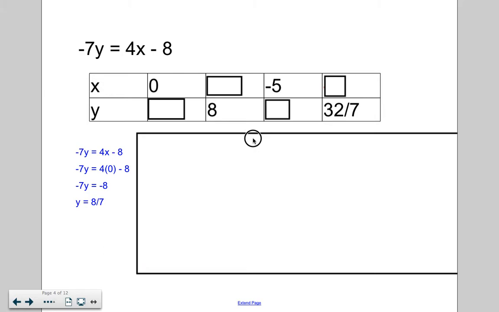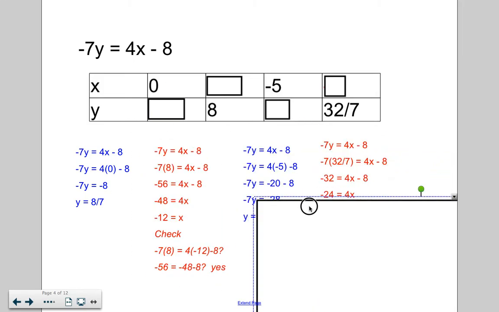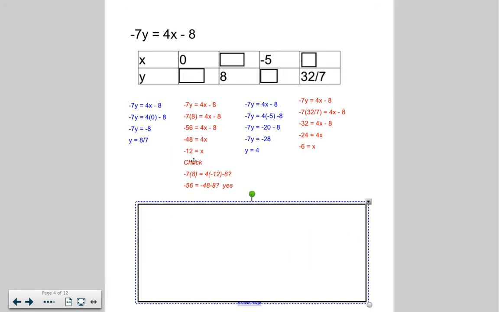In the first one, I recopied the equation that I was given. I plugged in, or substituted, 0 for x. I then solved that equation to get that as long as x is 0, then y is going to be 8 sevenths. And I did that here. In the middle one, where y was 8, just to give you an idea and show you, you could do this for all of these, I did a check for you.